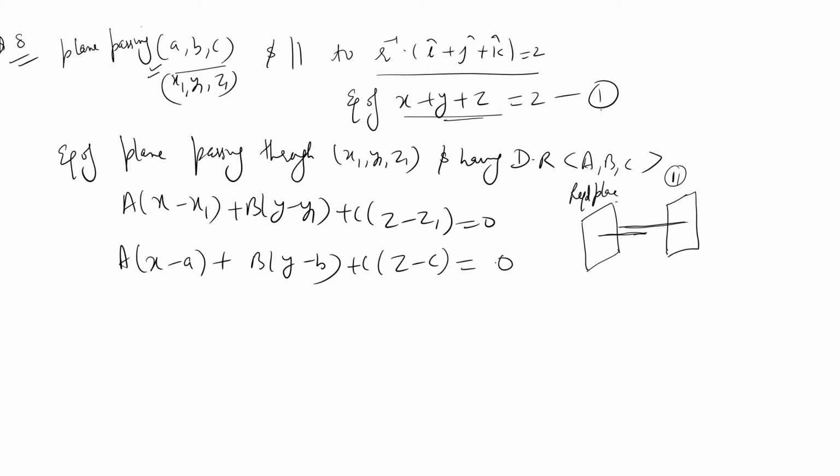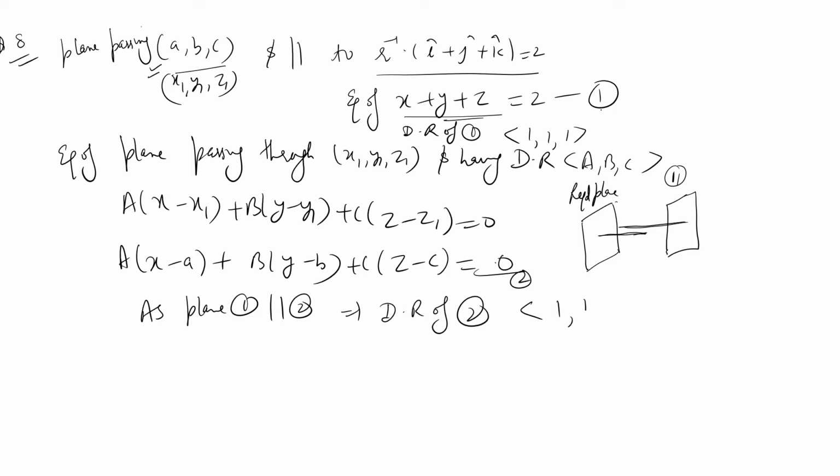And if the normals are parallel, their direction ratios are proportional, or you can take them as the same. The direction ratios of one are 1, 1, 1. As plane 1 is parallel to plane 2, the direction ratios of plane 2 you can take as 1, 1, 1.